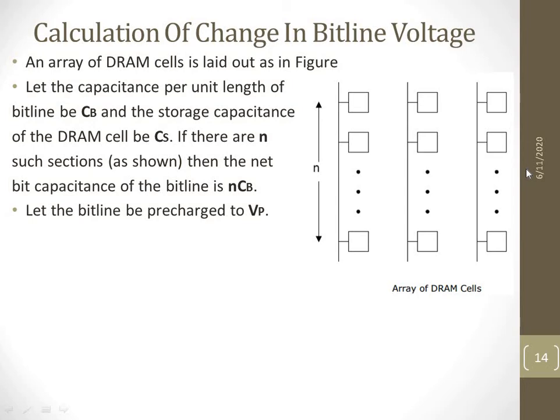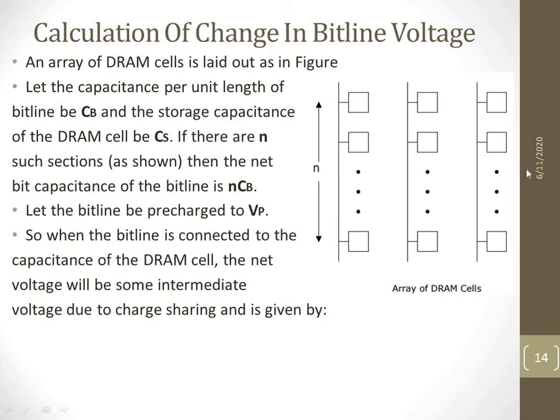Let the bit line be precharged to VP. So when the bit line is connected to the capacitance of the DRAM cell, the net voltage will be some intermediate voltage due to charge sharing, and it is given by (N CB VP plus CS Vs) by (CS plus N CB).